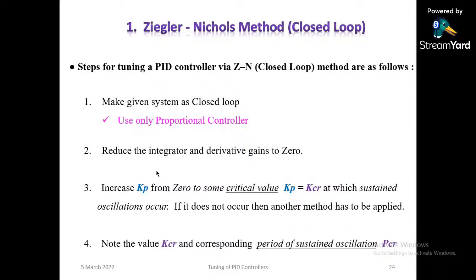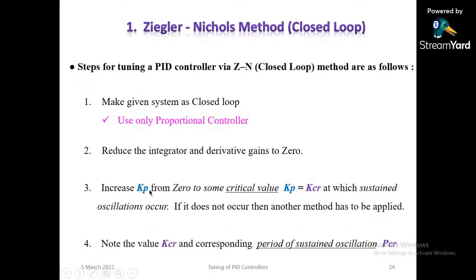Then they said to gradually increase the value of Kp, that is the proportional gain, from zero to its critical value, KCR.